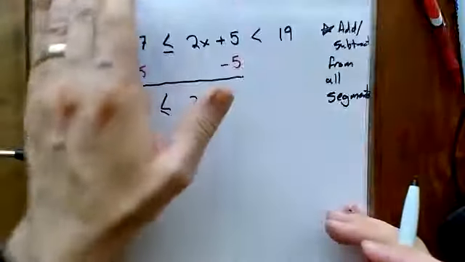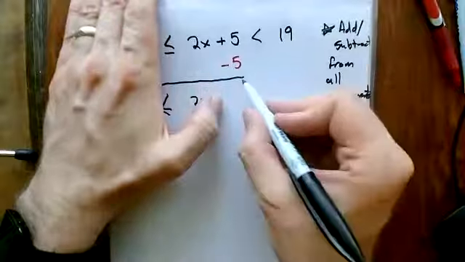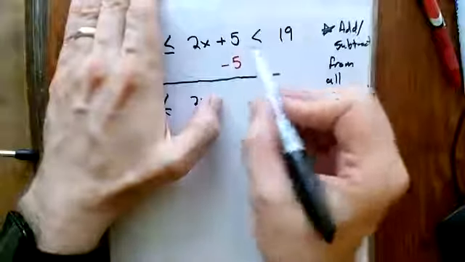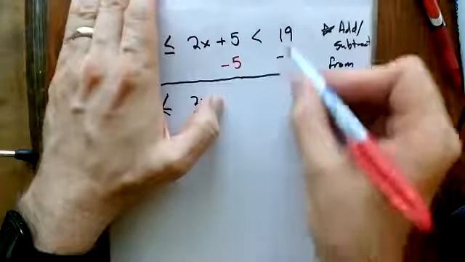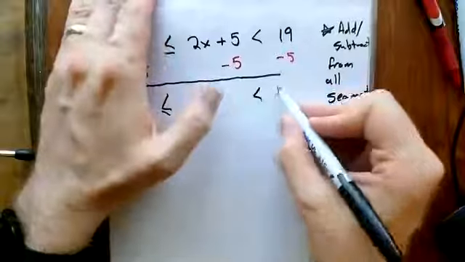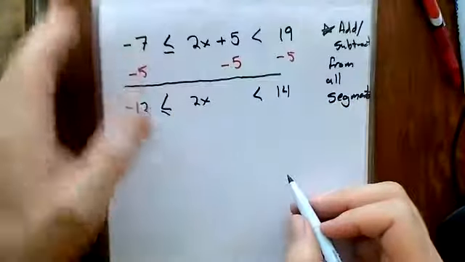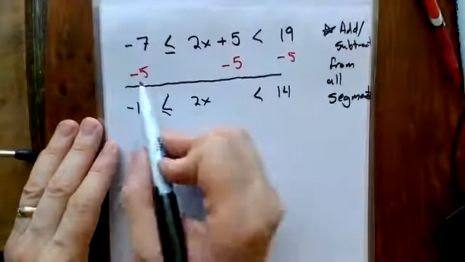The same thing happens here: if I had 2x plus 5 is less than 19, I would also subtract 5, so I would end up with this being less than 14. So we add or subtract the same thing from all segments.